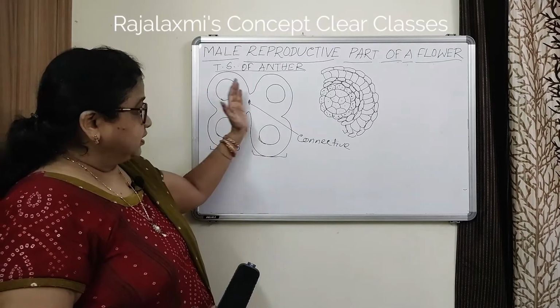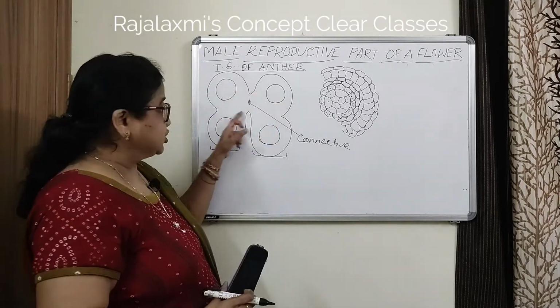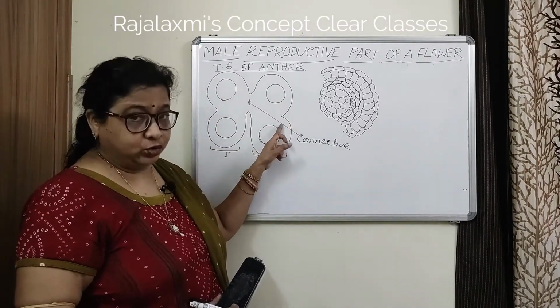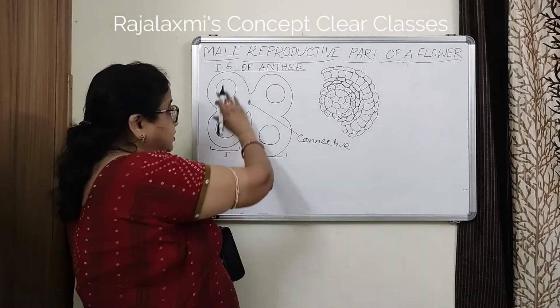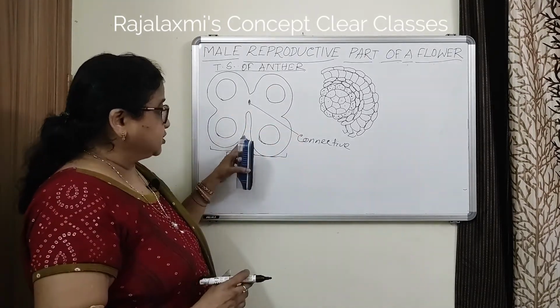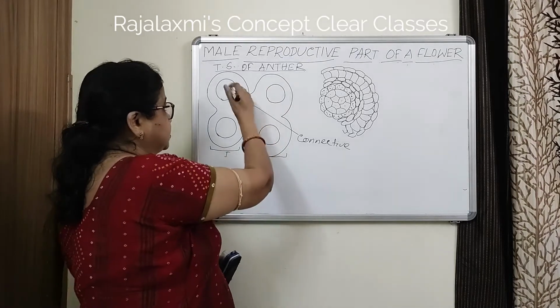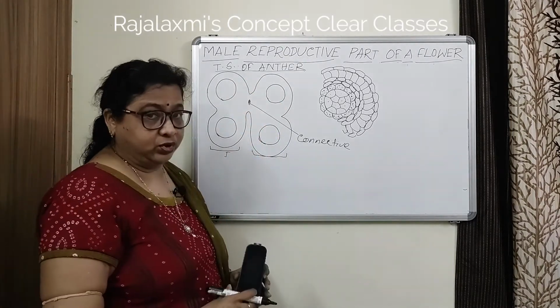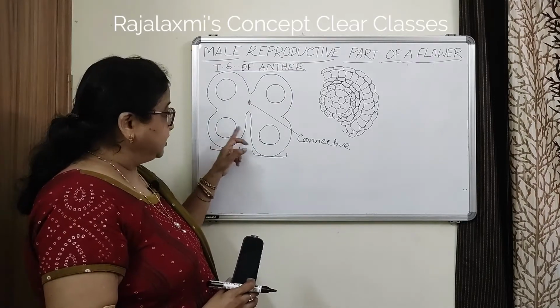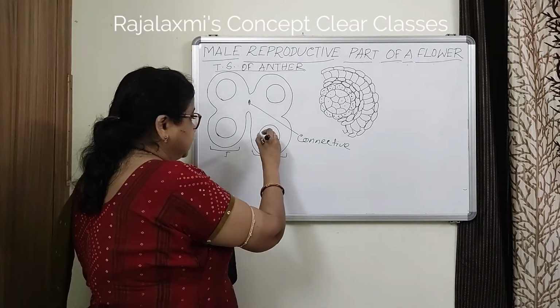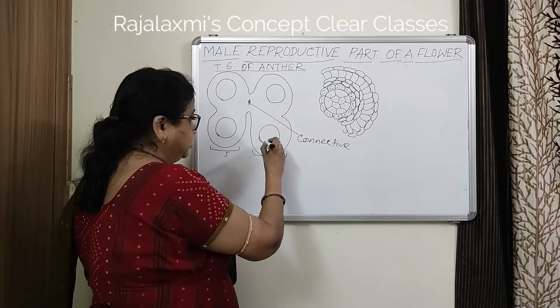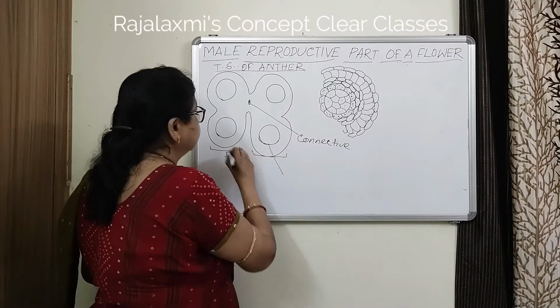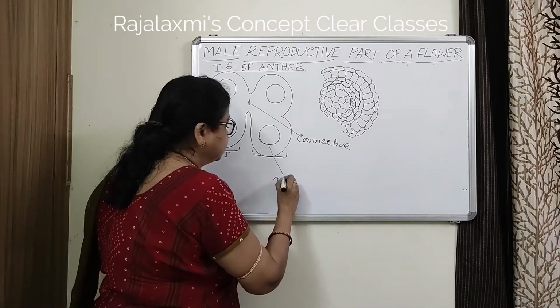This is one lobe and this is another lobe. In each lobe there is a groove. So the anther appears to have four chambers. 1, 2, 3 and 4. And in each chamber there is a circular structure known as microsporangium.